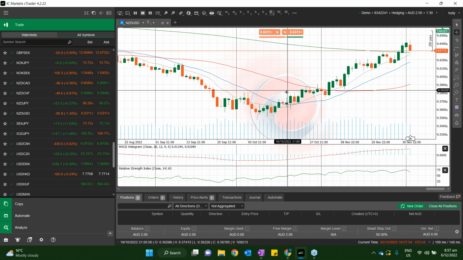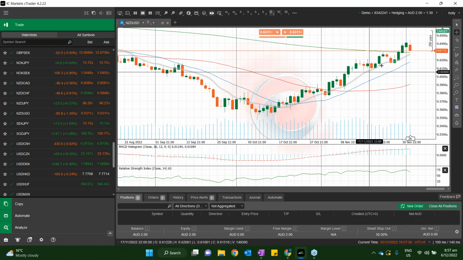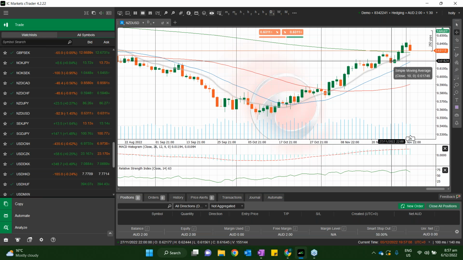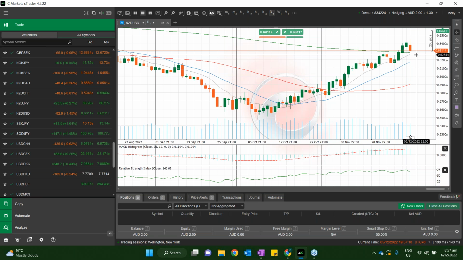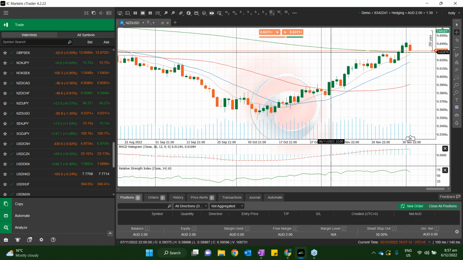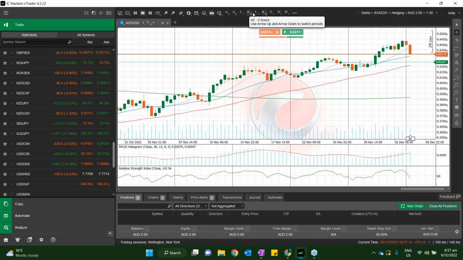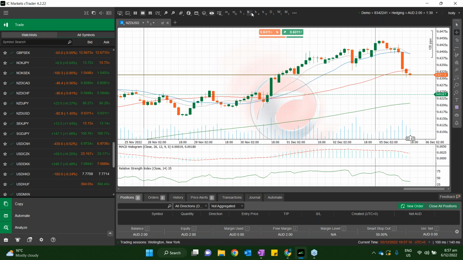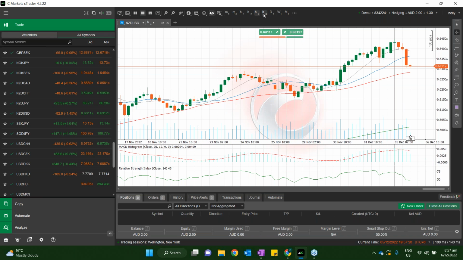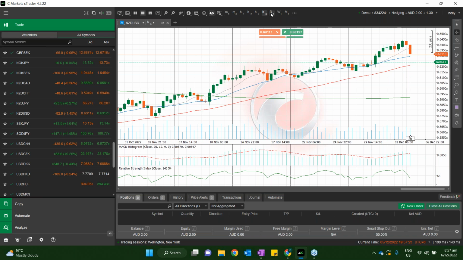Daily, you've had some opportunities to go long, pulling back into the buy zone potentially here, but a big pullback on the lower time frame. So as I say, here it looks like a downtrend, here it looks like an uptrend.